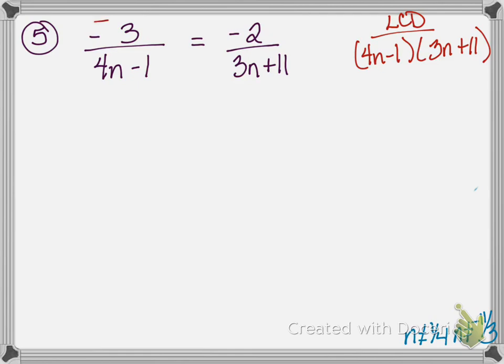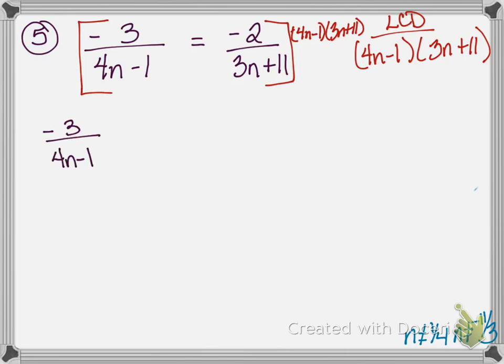Okay, so now what we're going to do is multiply everything by my common denominator. So that is 4n minus 1 times 3n plus 11. So I'm multiplying everything times that. So I've got negative 3 over 4n minus 1 times 4n minus 1 times 3n plus 11.